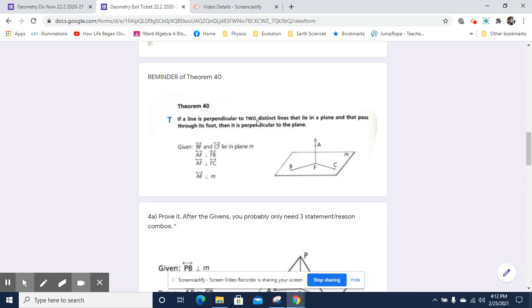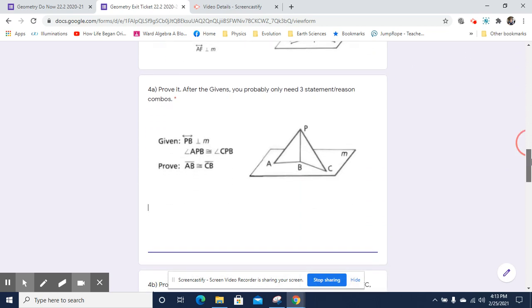If a line is perpendicular to two distinct lines that lie on a plane and that pass through its foot, then it is perpendicular to that plane. So this line is defined as perpendicular to BF and CF, and therefore AF is perpendicular to this plane. BF and CF are distinct lines that lie on plane M.